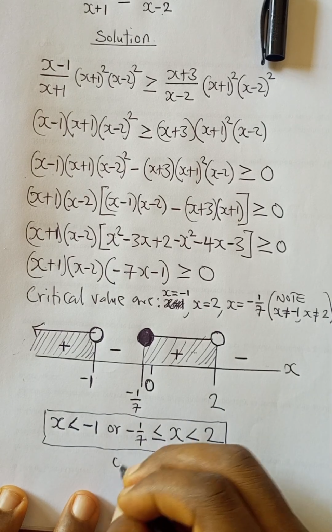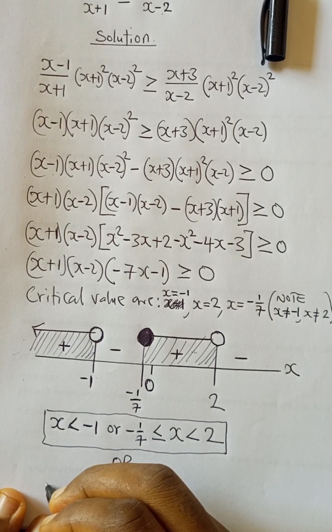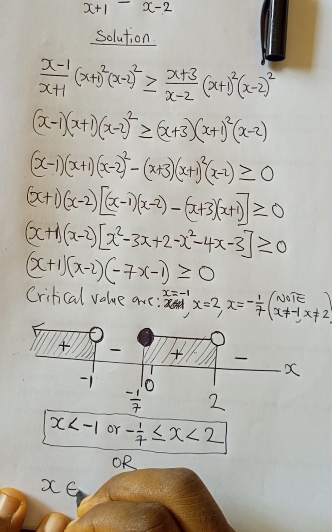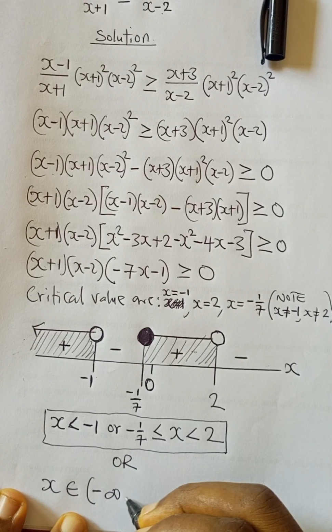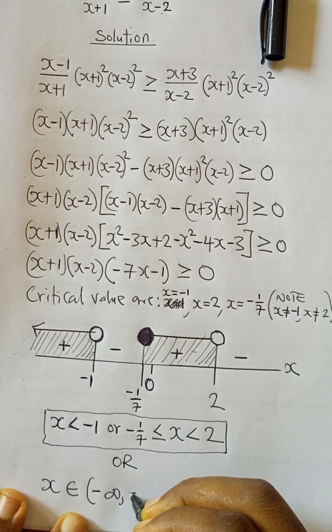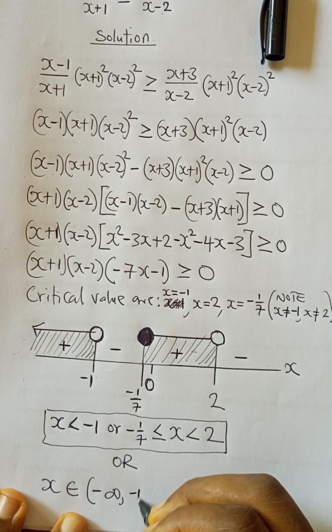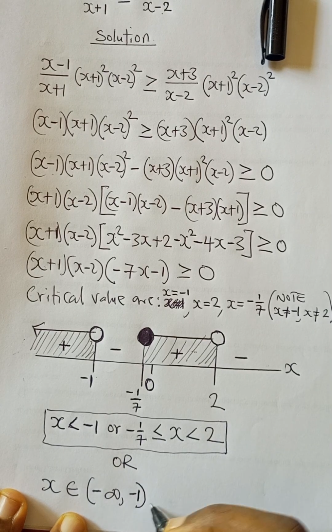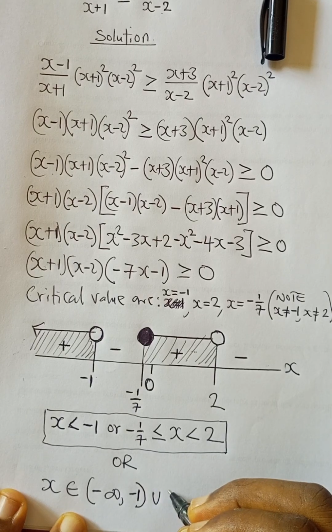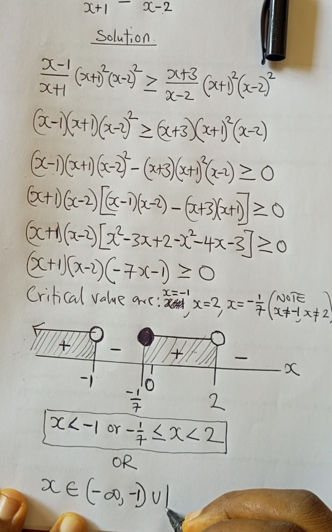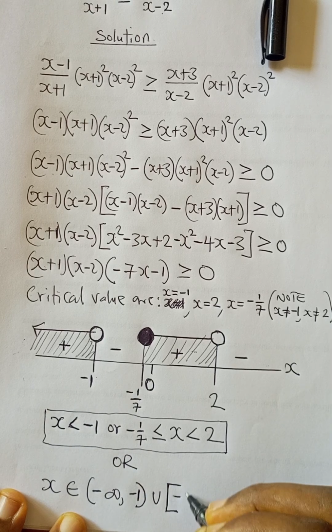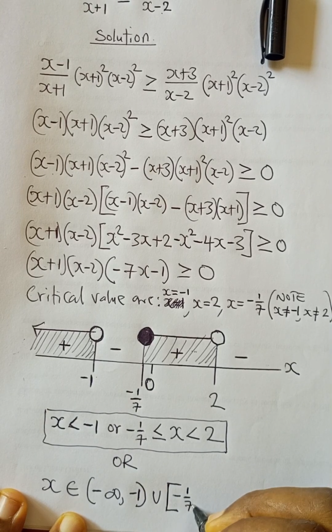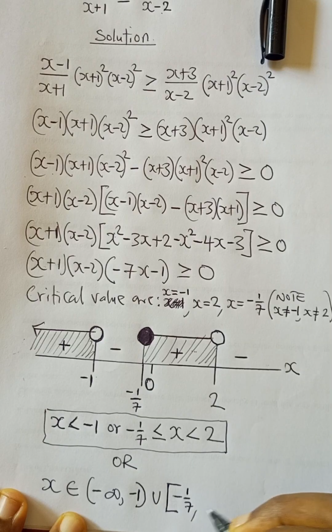But you can still write it in another way by saying that s is a member of from negative infinity to before minus 1, union, then from minus 1 over 7 inclusive to before 2.